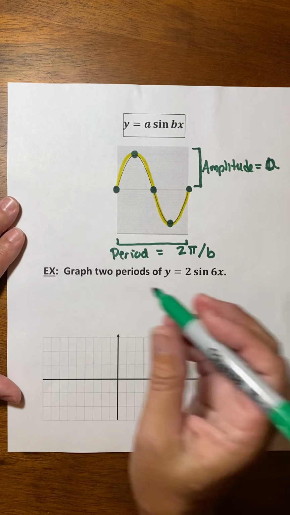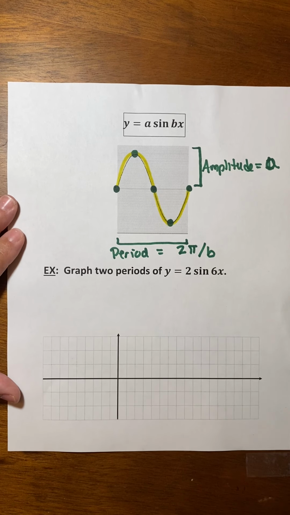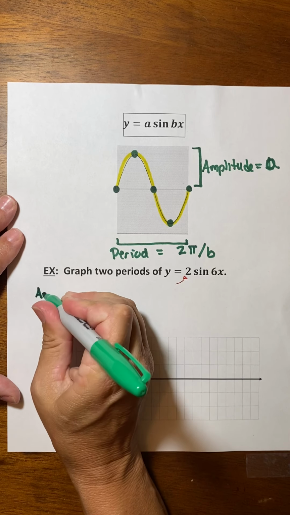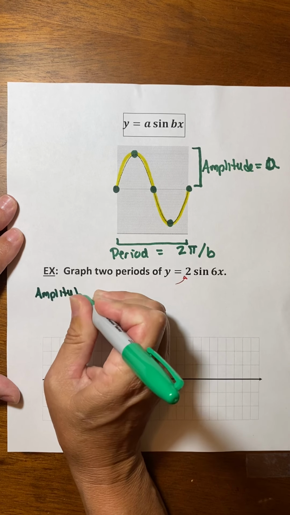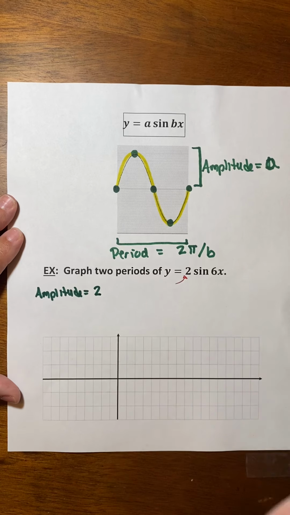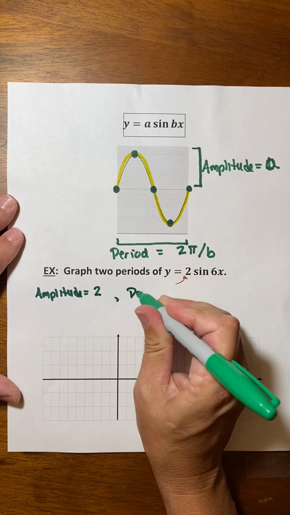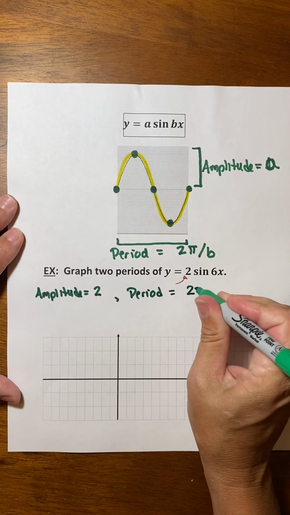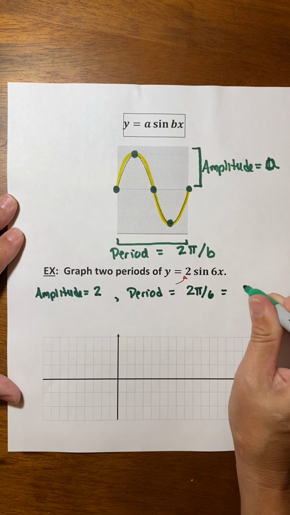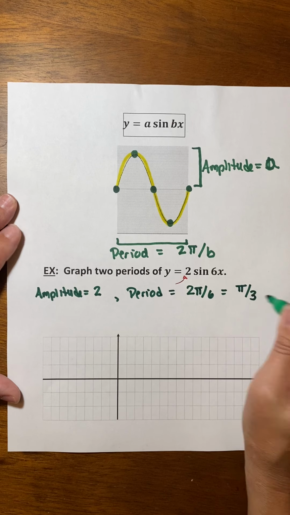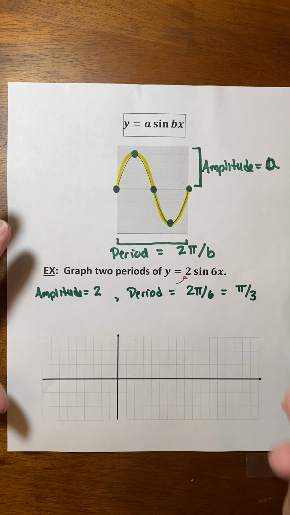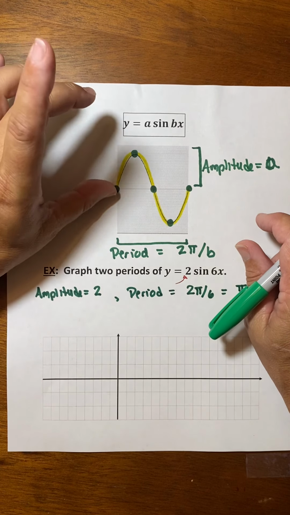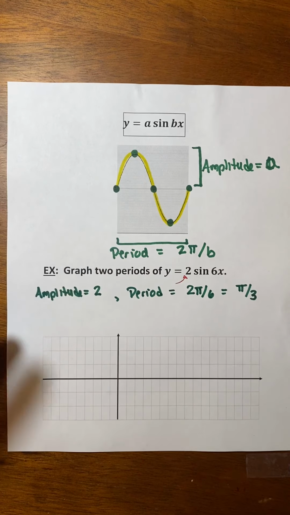The amplitude is determined by this number right here, so the amplitude is equal to 2. And the period, how long it's going to take to make one complete wave, is 2 pi over 6, which simplified is pi over 3. So the width is going to be pi over 3, and the height is going to go from 0 to 2 and 0 to negative 2.